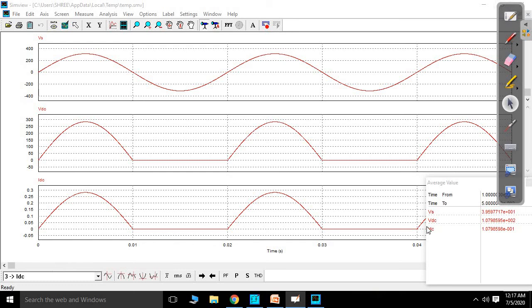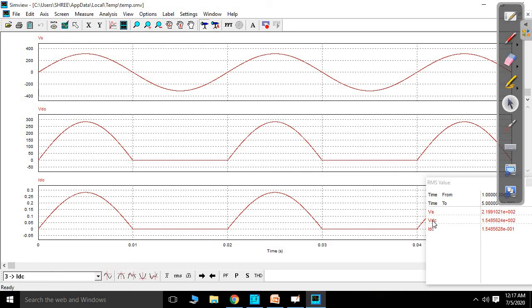Here the average DC voltage is 1.079 into 10 to the power 2, that is 107.98 volts DC, and IDC, the DC current, is approximately 1.08 into 10 to the power minus 1. If I want to check the RMS value, then I will click on this RMS button here.